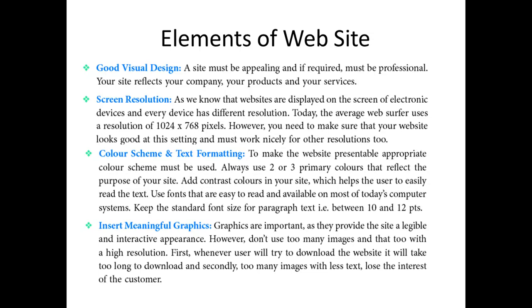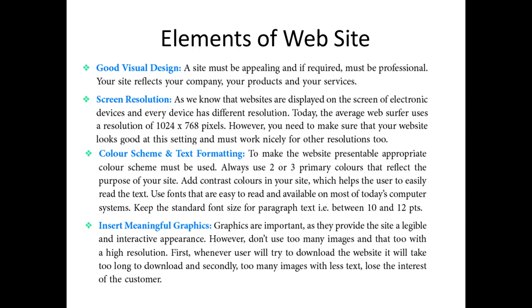Third thing is color scheme and text formatting to make the website presentable. An appropriate color scheme must be used. Always use 2 or 3 primary colors that reflect the purpose of your site. Add contrast color in your website, which helps the user to easily read the text.